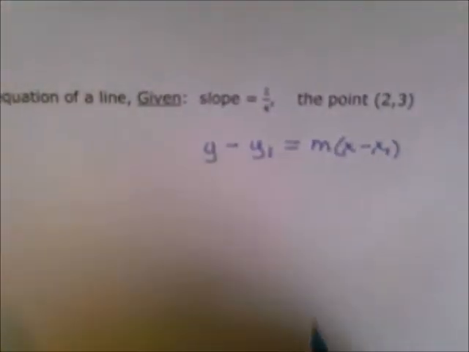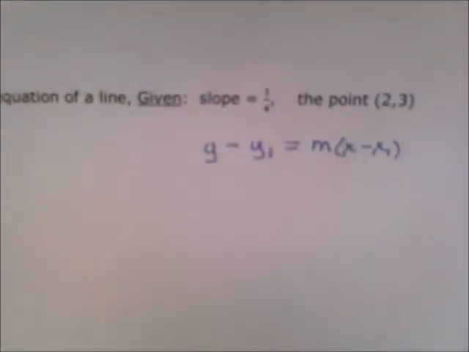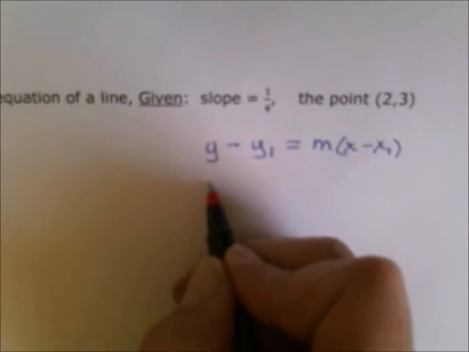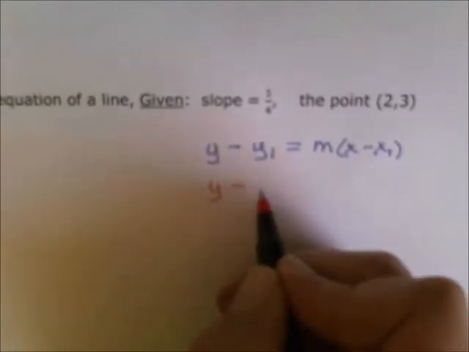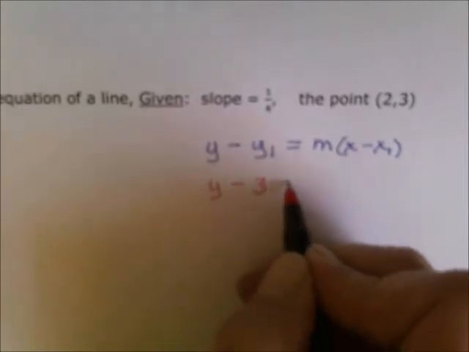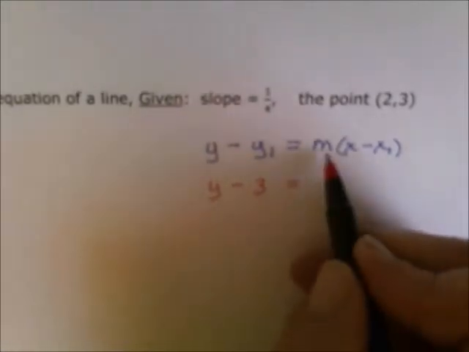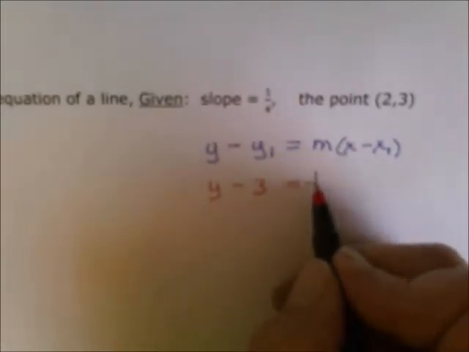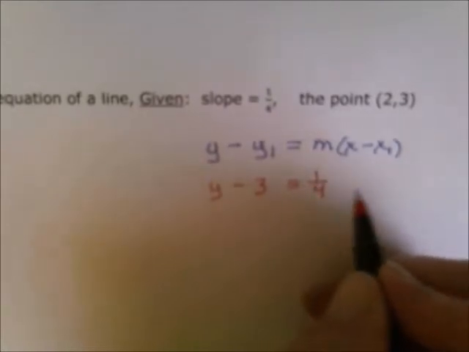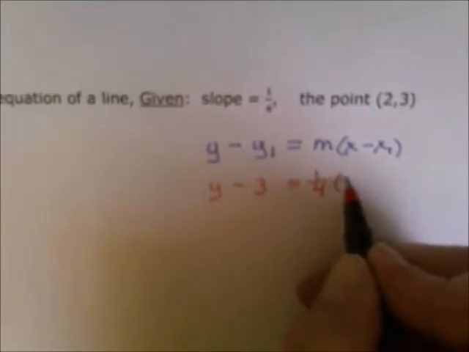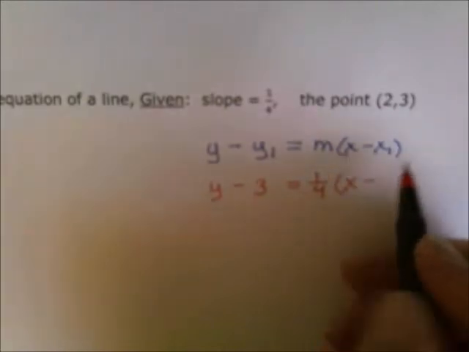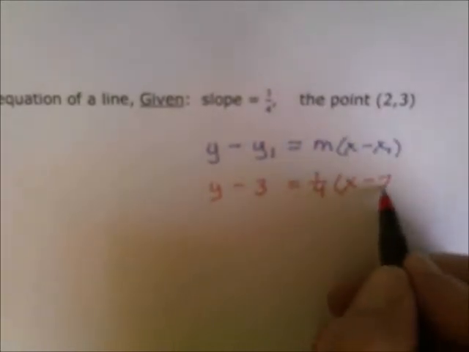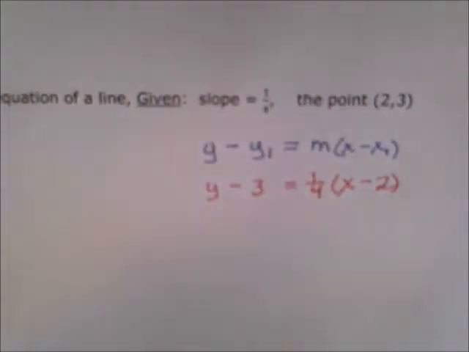And when we fill it in, we will have y minus 3 from our ordered pair. And our m, our slope, is 1/4 times the quantity x minus x sub 1, which is going to be 2. We've got it all filled in.